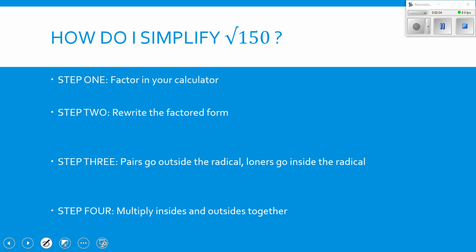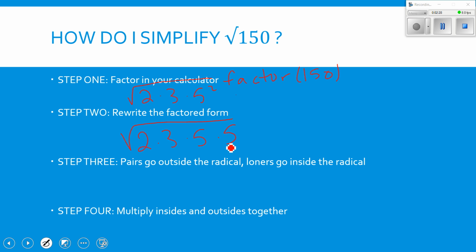How do I simplify square root of 150? So again, we're going to factor it in our calculator, hit menu 23, type in factor 150. Beautiful. What this will tell you is that it's 2 times 3 times 5 squared, all still under the radical. You're going to rewrite it out, so we're really just going to change that 5 squared to 5 times 5.